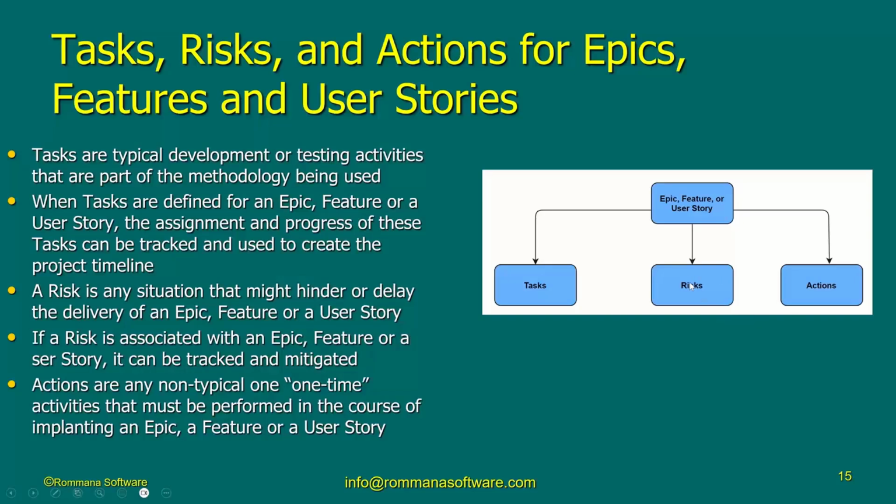So risks here, for example, are anything that could possibly happen that would hinder us from delivering that feature or that user story on time as we thought we would. Okay, tasks are all the tasks that we need to do in order to perform or to deliver this feature or that user story, and so on.